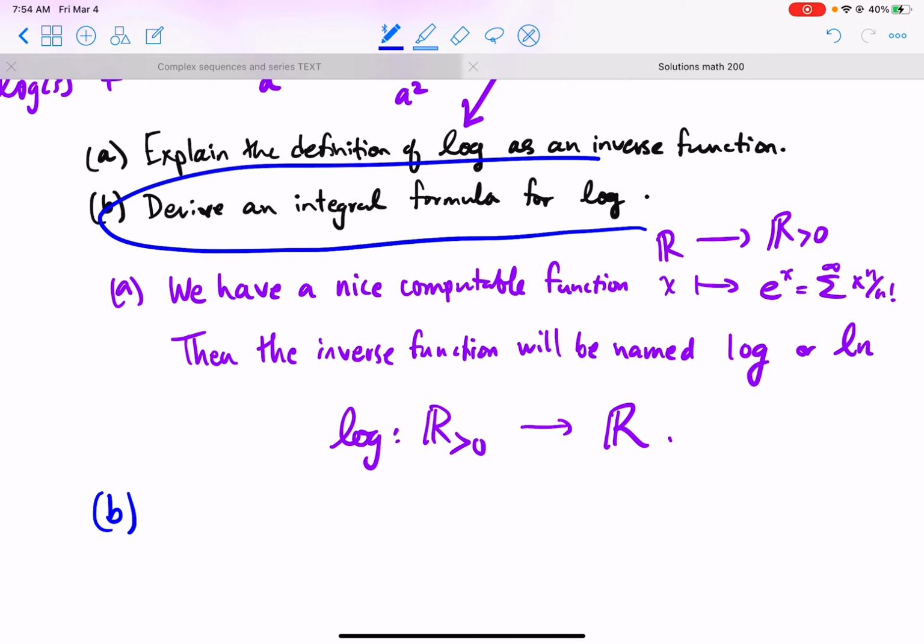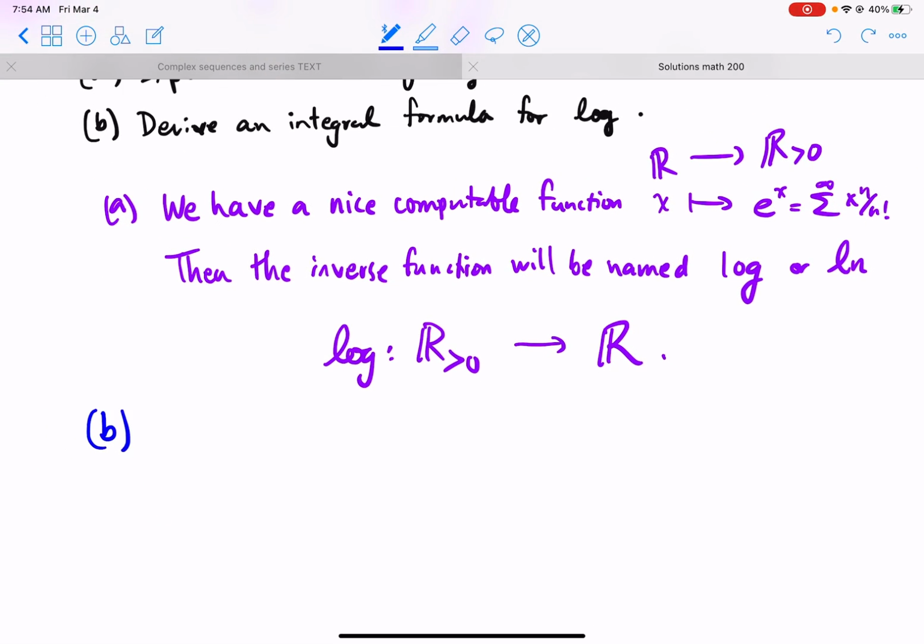Derive an integral formula for log. Okay, we have to use our derivative of the inverse function. So let's call g and f a function and its inverse. And we know that g of f of x has to be x again. So let's apply d dx to this.